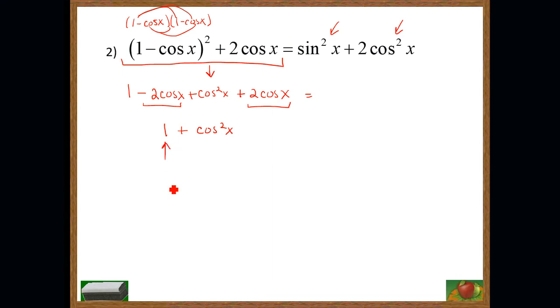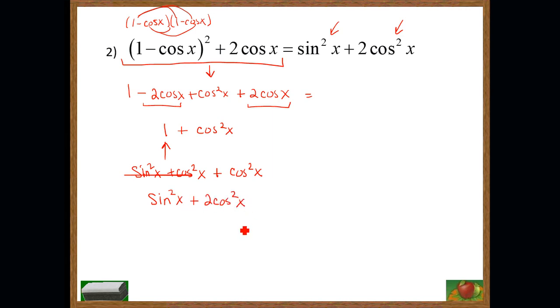Well, 1 is equivalent to sine squared x plus cosine squared x, right? When I add those two together, I get 1. So that is an equivalent expression. 1 is the same thing as those two being added together. Now I'm going to drop down my other cosine squared x. And now if I add together what I have here, I have sine squared x plus 2 cosine squared x.